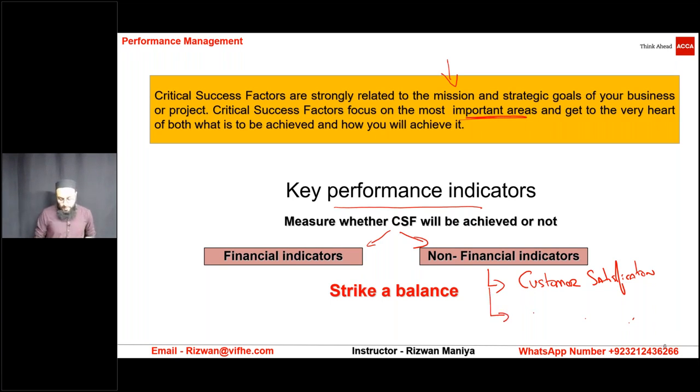Same goes for internal efficiency. The efficiency of an organization is very much dependent on the staff the organization has employed, how motivated the staff members are, their motivation, their morale.